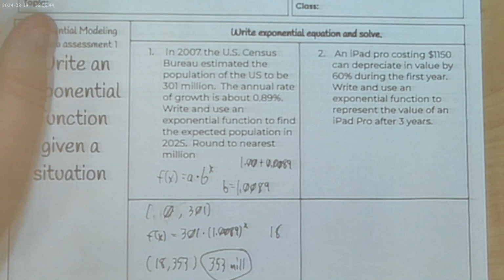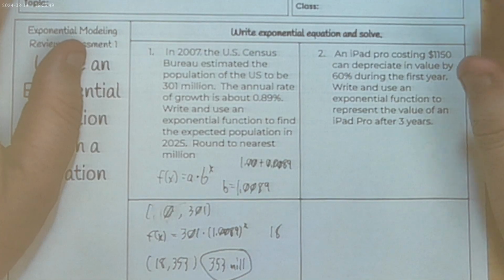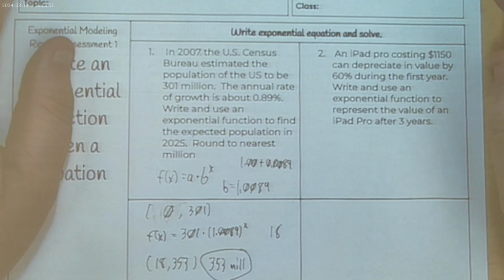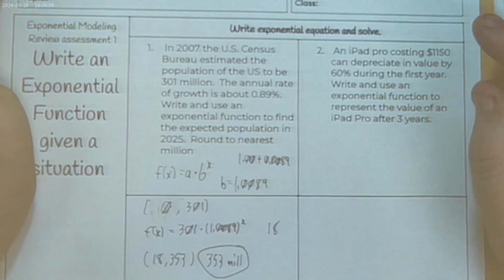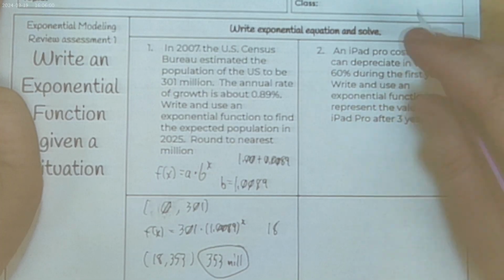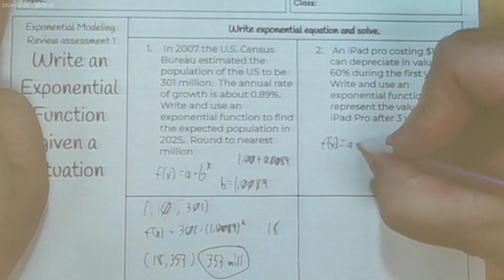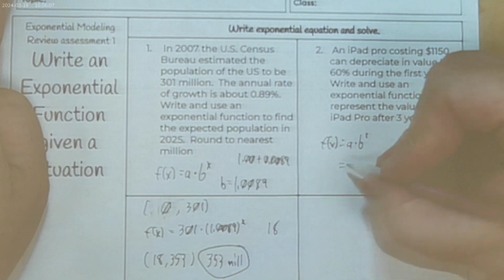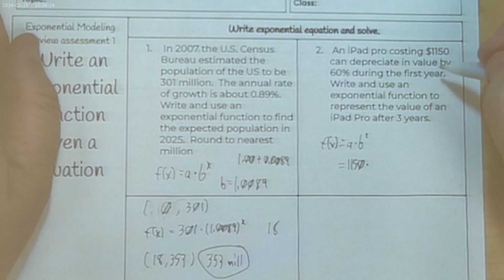An iPad Pro costing $1150. So when you buy it immediately, the price that you pay for it is going to be at time 0. So if you buy something, whatever the price is, that's going to be what the cost is at time 0. So that means that for f of x equals a times b to the x, we've already got our a, which is 1150, and then it can depreciate in value by 60% during the first year.